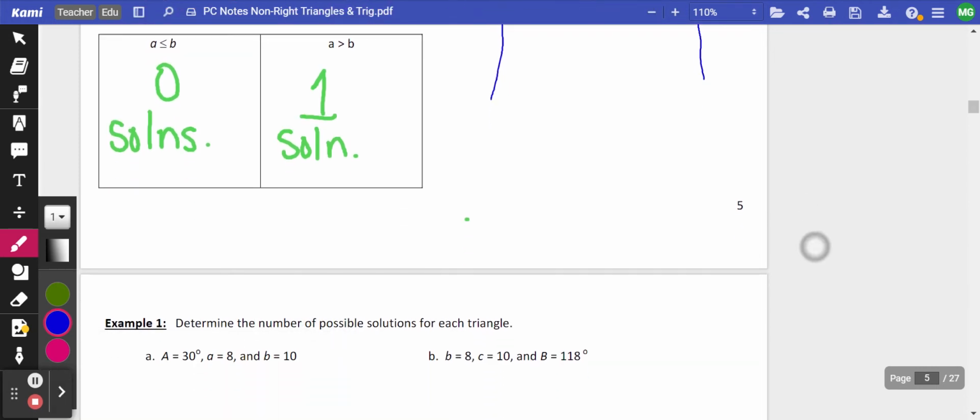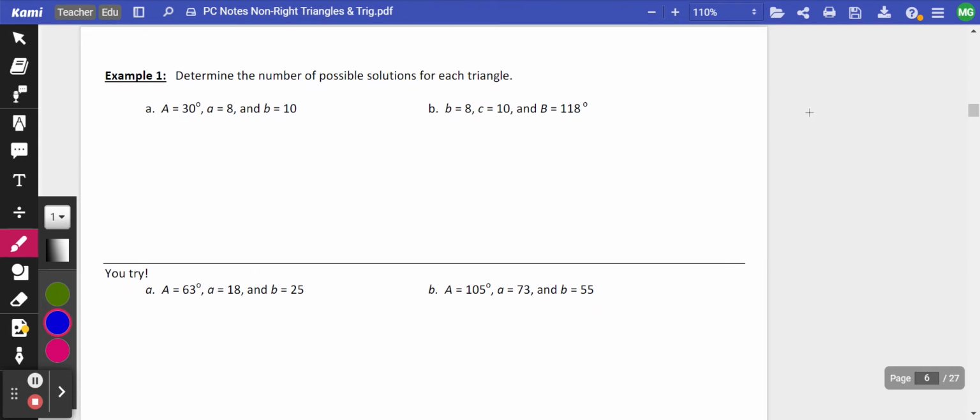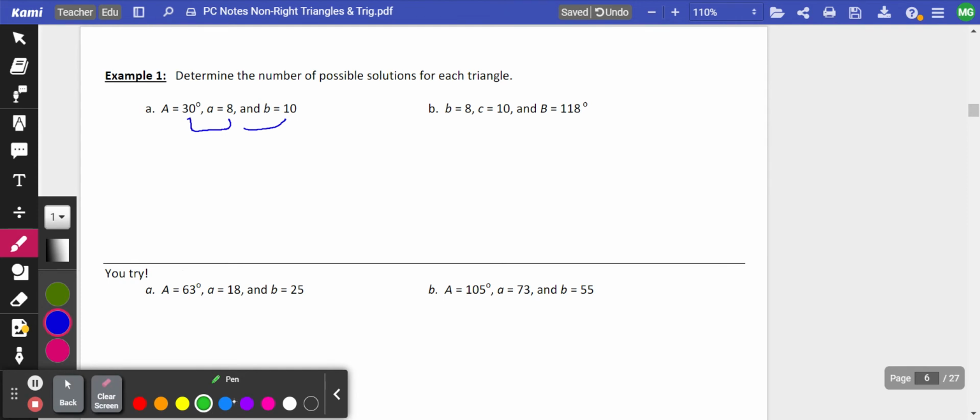Let's take a look at what we have. Take a moment and see, on example 1A, that you have an acute angle given, and the side opposite that angle is less than the other side. So here's how I start to write these out.